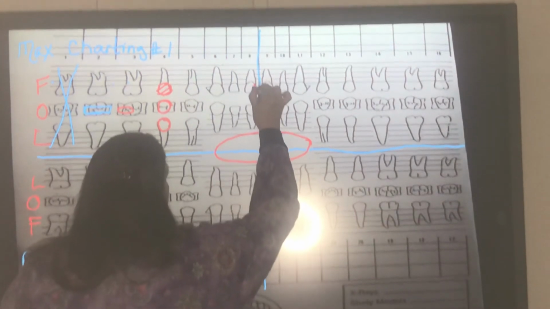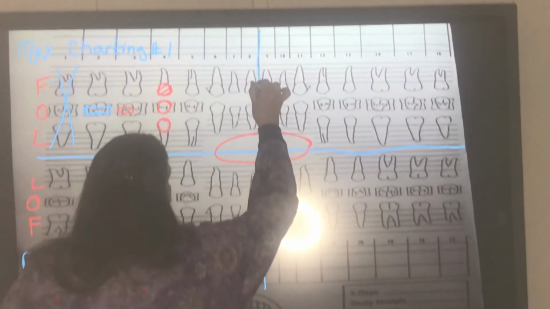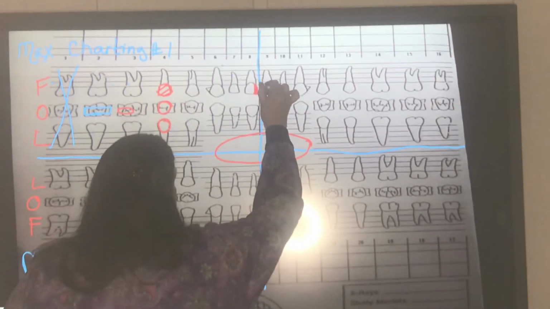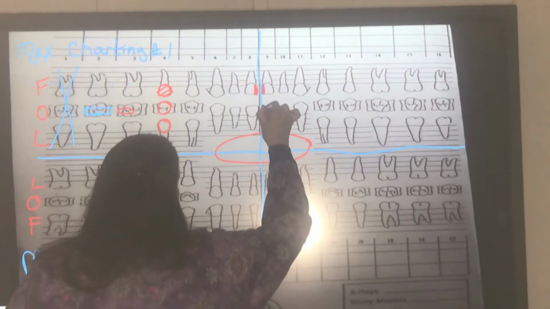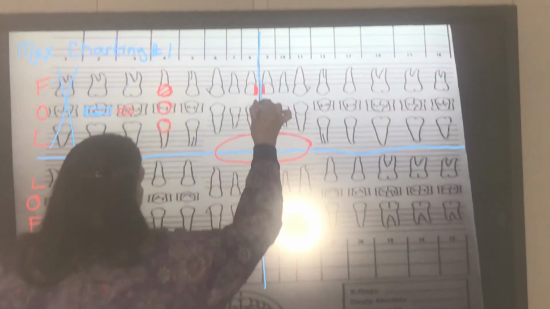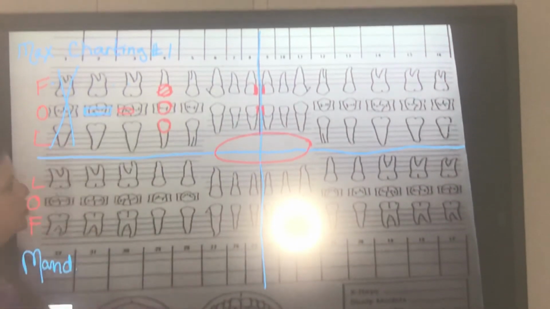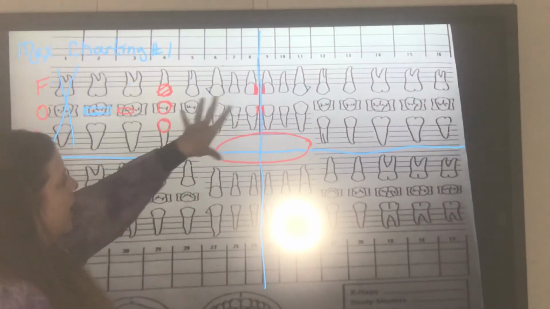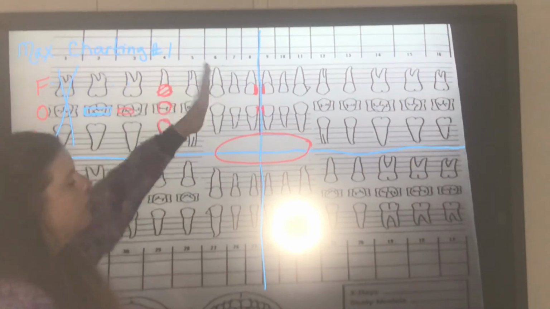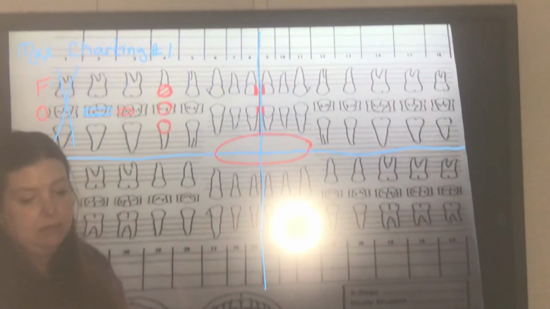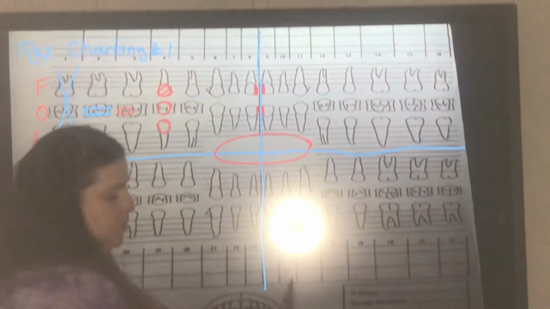So, mesial decay. That kind of looks like mesial incisal, and you can put it on the lingual as well. So on the anterior teeth, if you notice, they don't have the occlusal surface because anterior teeth don't have the occlusal surface.